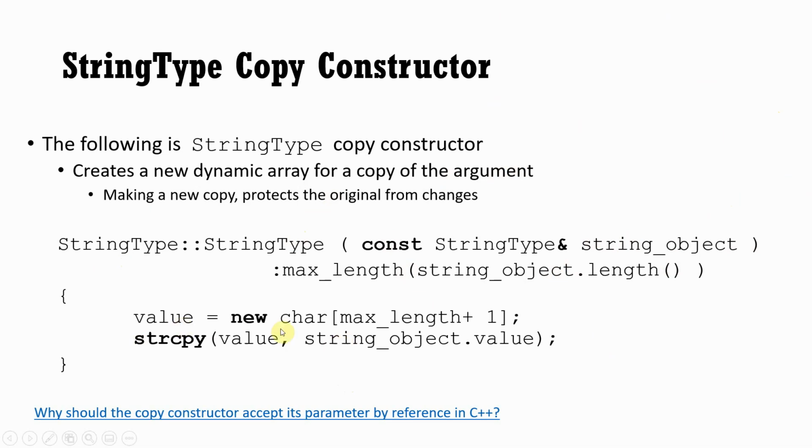So by allocating separate dynamic memory for the object that's getting instantiated, and then copying the array of the parameter into the array of the calling object, this is done.